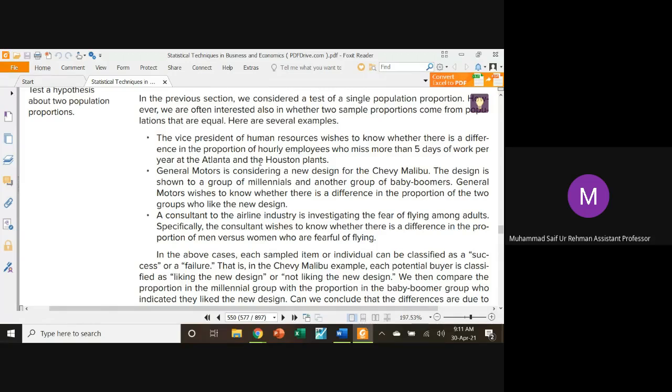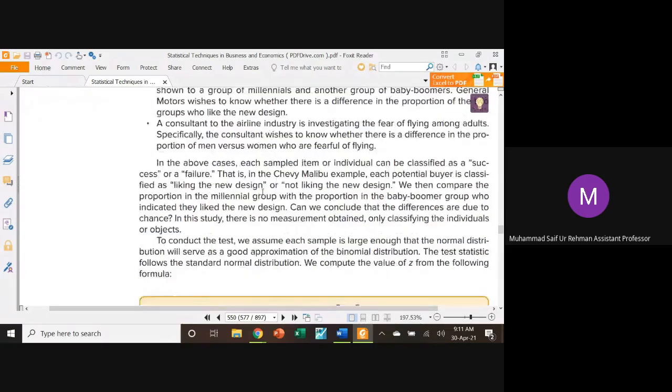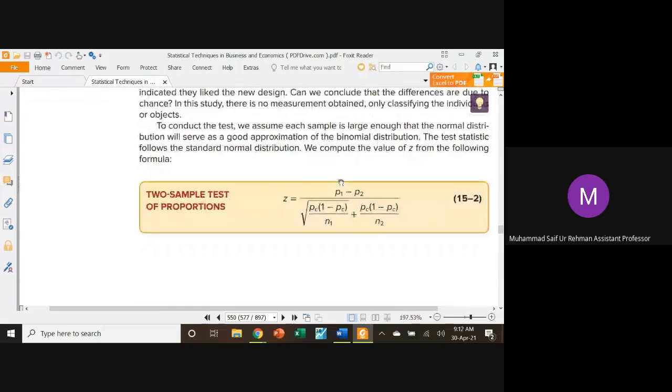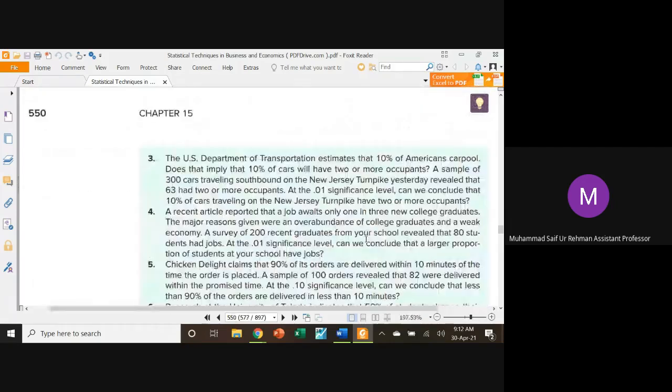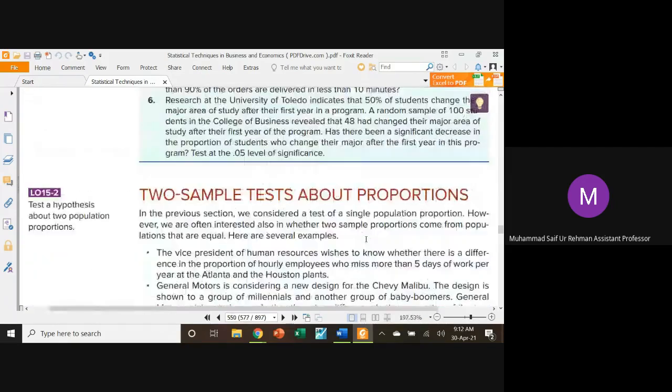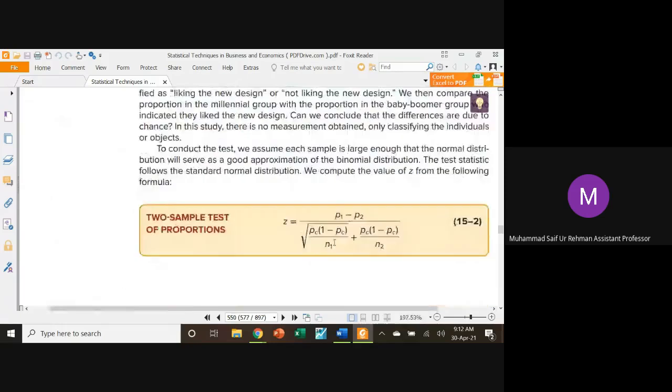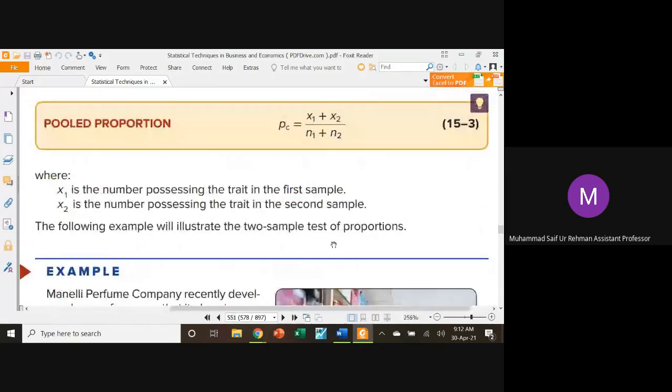So there are two plants, and he is interested in knowing whether more than 5 days of work per year are missed by employees. Similar situations may be there. And we use this formula. I shall write down this formula in some other form, but this is the formula. You may consider it.